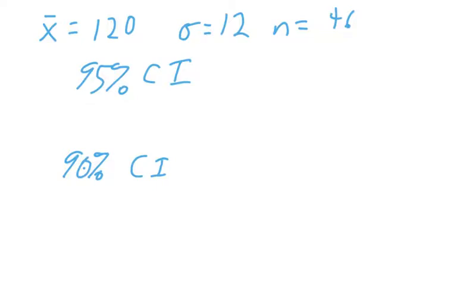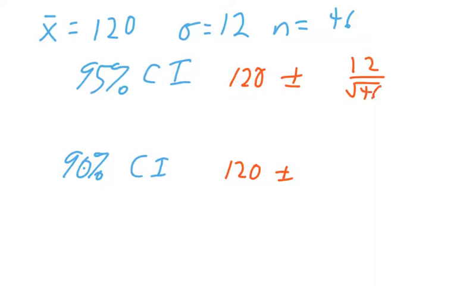Alright, so for our first problem, we're going to give the information of 120 with a sigma of 12 and n equals 46, and we're going to do a 90% confidence interval, and we're going to do a 95% confidence interval. In both of these problems, we got 120 plus or minus 12 over the square root of 46, and we need the Z star.